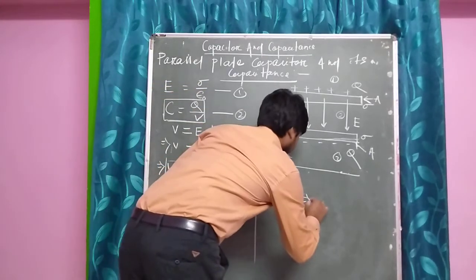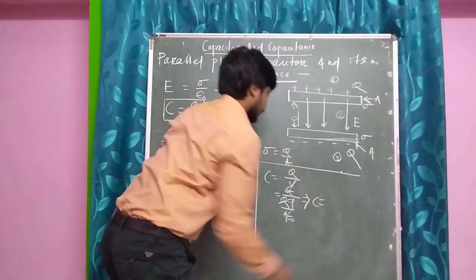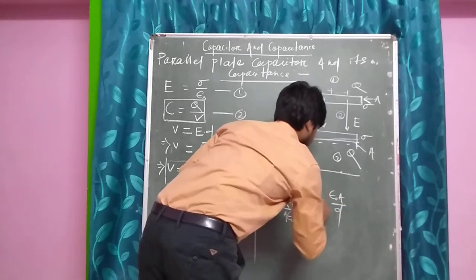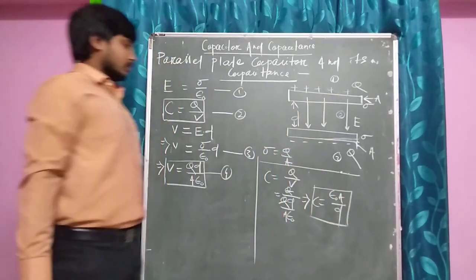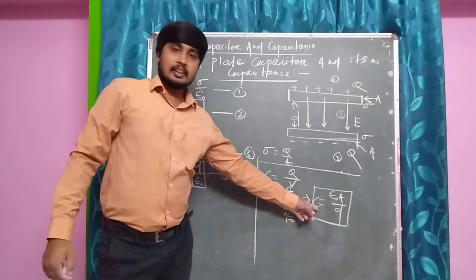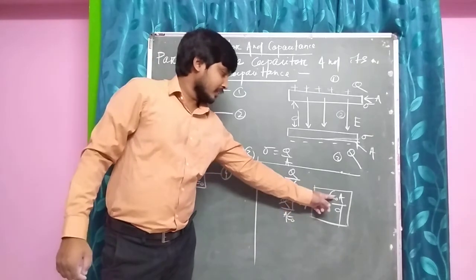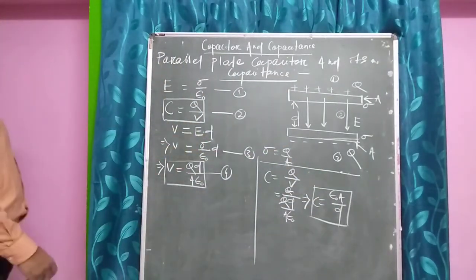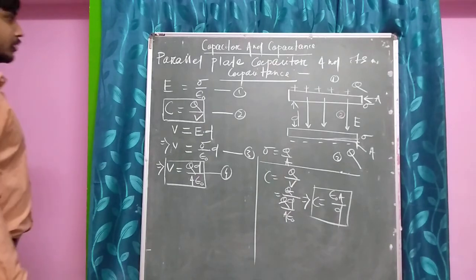So this implies that C will be epsilon naught A by d. So see, the capacitance of a parallel plate capacitor is given by epsilon naught A by d. This is the formula for the capacitance of a parallel plate capacitor.